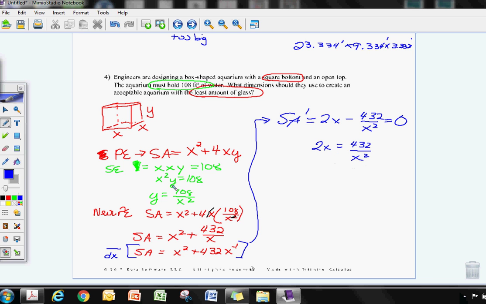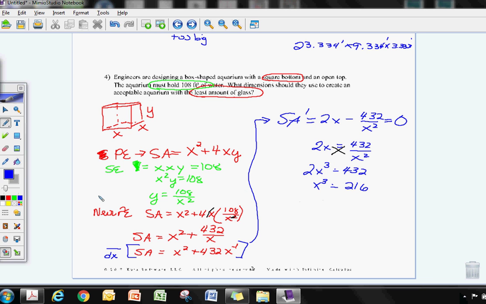I'm thinking about the idea of cross multiplying. And as I cross multiply, I'm going to get 2X cubed now equals the 432, which means X cubed is going to equal 216.